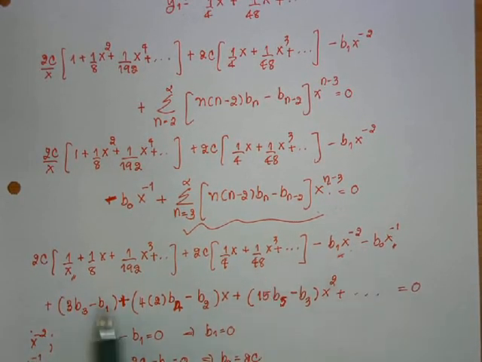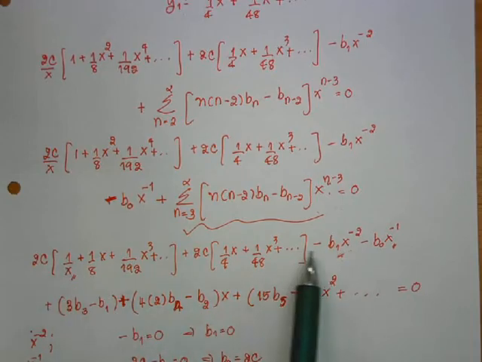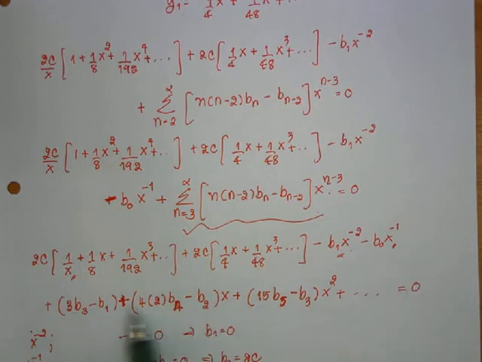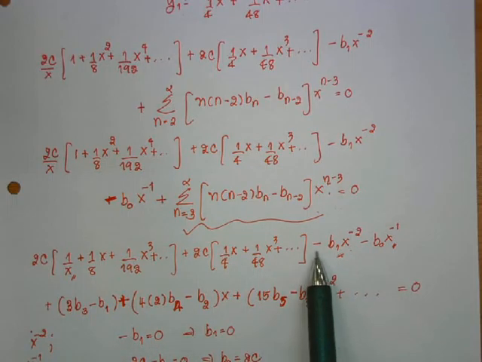For 1 over x to the power 2, we have only this term, right? But here we don't have any 1 over x to the power 2. So we get minus b1 equal to 0, so b1 equals 0.